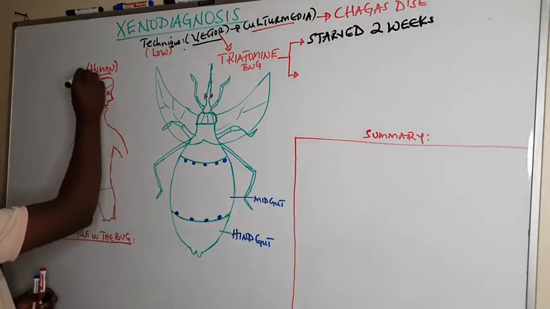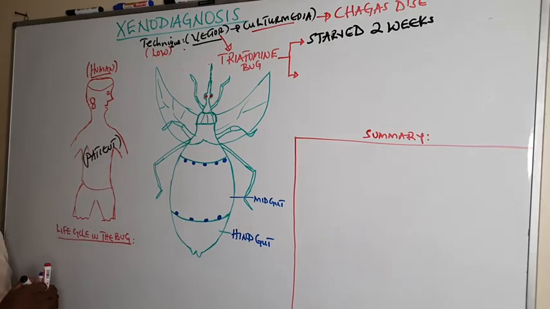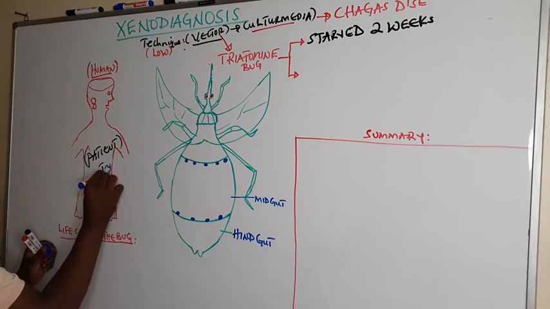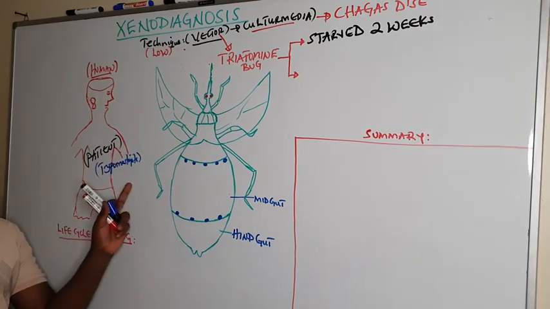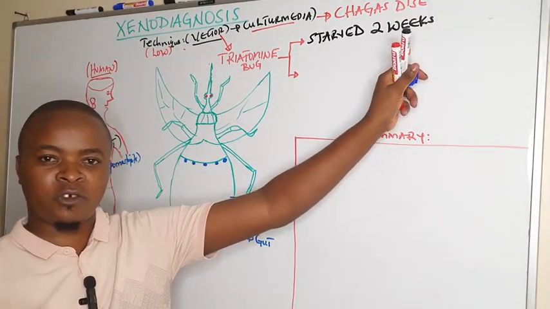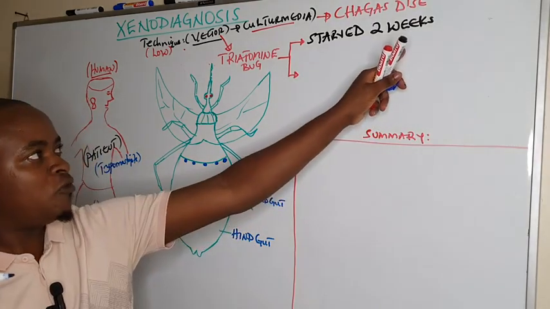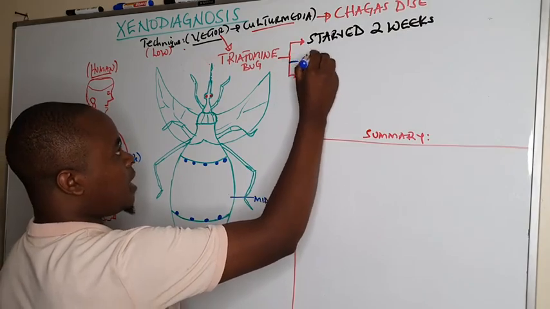This is our patient, whom we suspect to have trypomastigotes in his blood. After starving this triatomine bug for 2 weeks, we have to make sure it is uninfected.